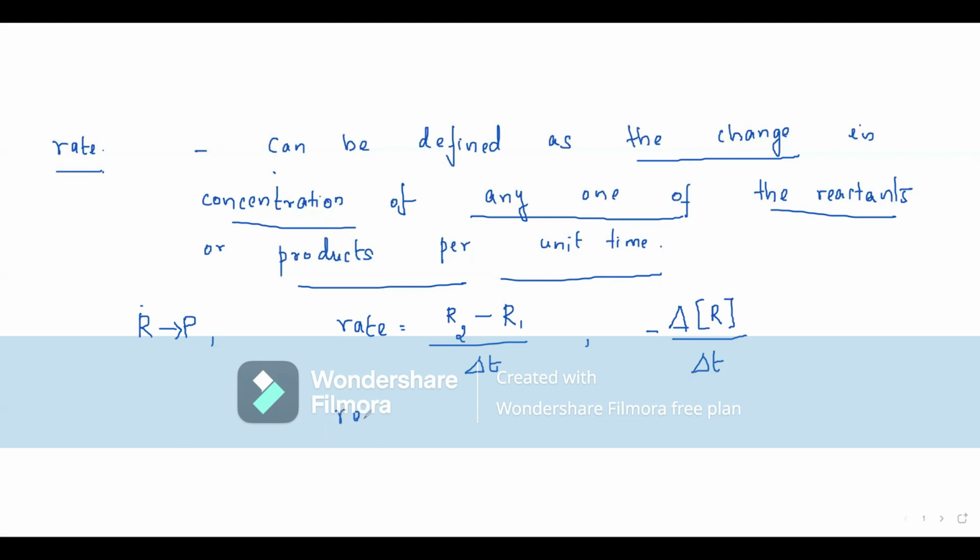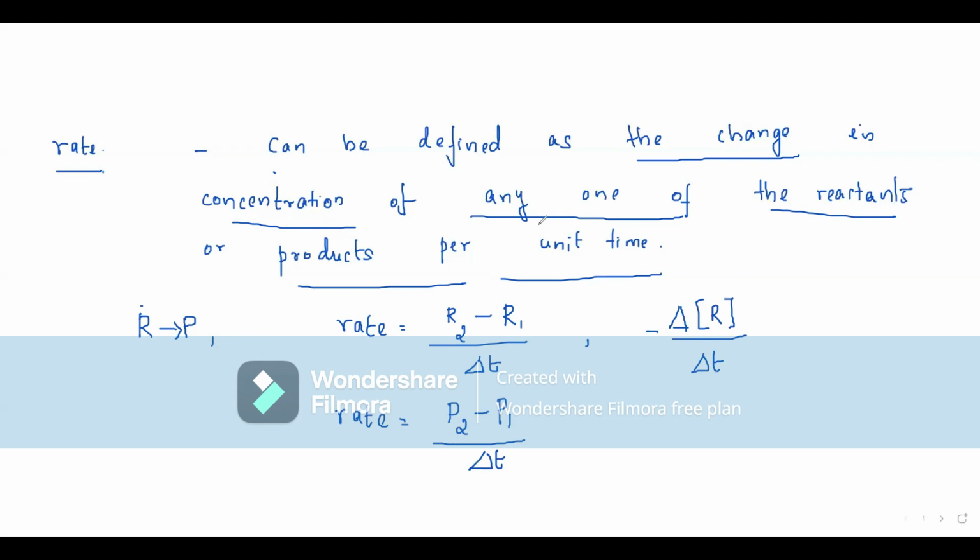So the same rate can also be expressed in terms of product. I've taken P here for product. Initially, let me take, there is P1 of the product formed. After some time, there is P2. So final concentration P2 minus initial concentration P1, divided by the time required for that change.